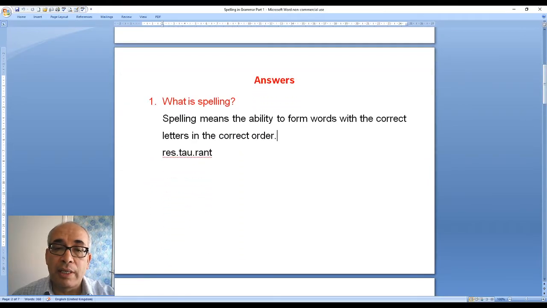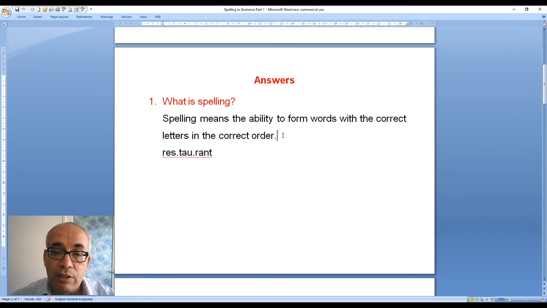Question 1, what is spelling? Spelling means the ability to form words with the correct letters in the correct order. So, if you are good at spelling, it means you can write the letters in the correct order to write correct words.